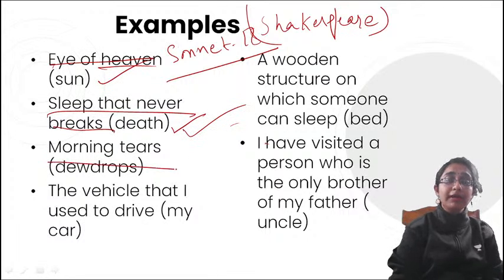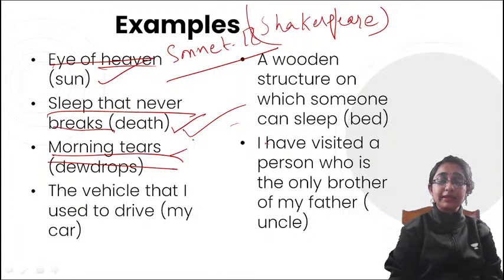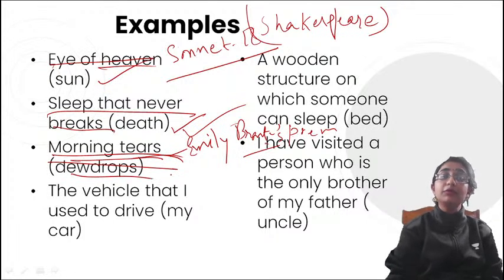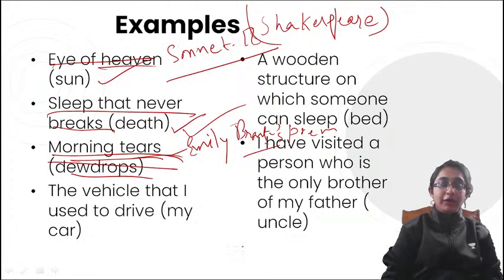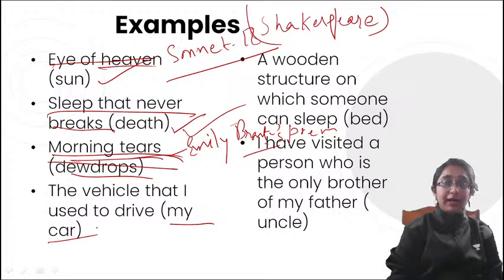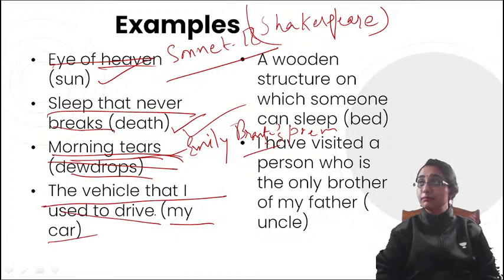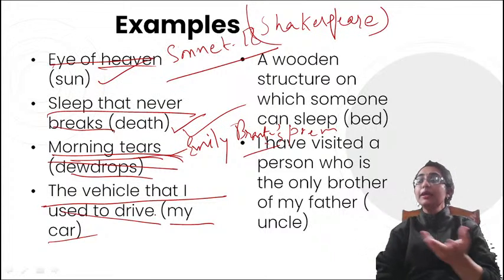Okay, morning tears. This is an example from Emily Bronte's poem. Mild the mist upon the hill is the name of the poem. So morning tears means the dewdrops. Very poetic expression. Okay. My car, I am saying the vehicle that I used to drive.